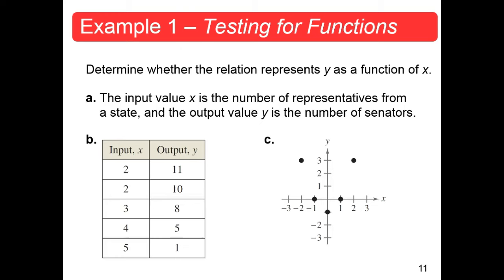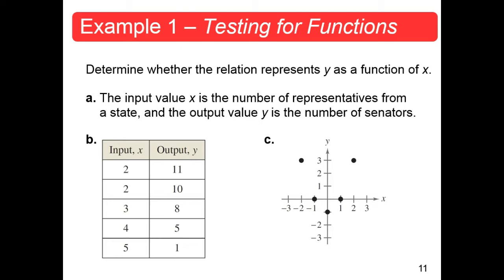What did I hear? I heard a no. Why not? Say again? More than one output. Really? Does Alabama fit as a function or not? That's our state. How many representatives do we have? We're talking about national. I don't know, 7 or 8?